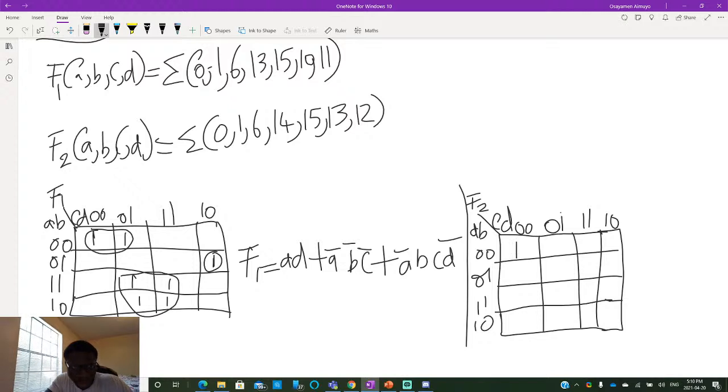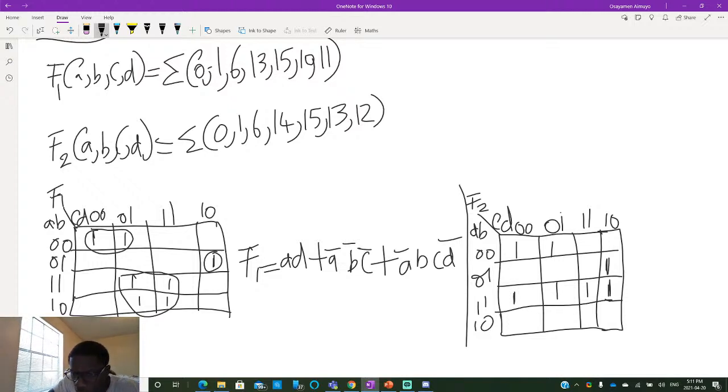We have 0, 1 as well, then we also have 6, and then 14, 15. 14 should be 0 here. And 15 is all ones. 12, 13. And am I missing anything here? 14. So it should just be 12.